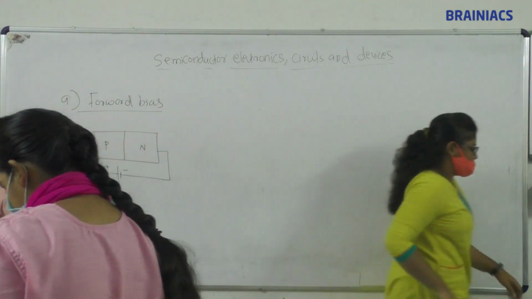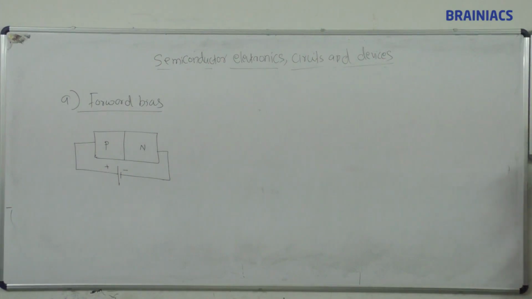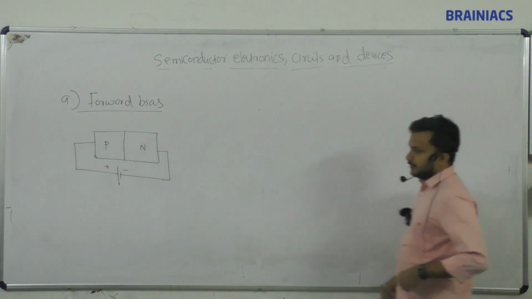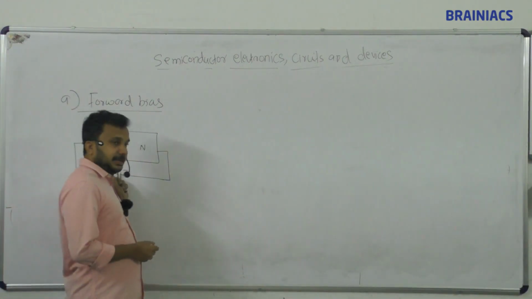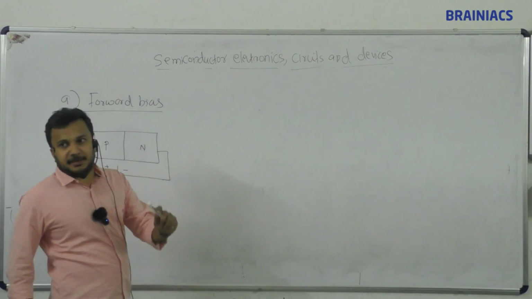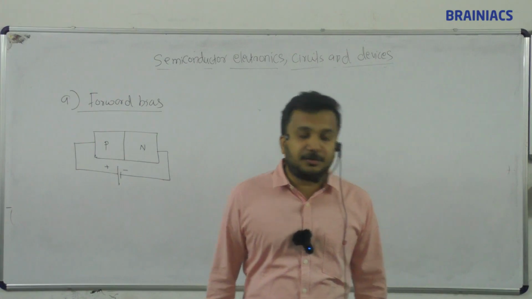Appa idhe mari connections irundha, we call it as forward biasing. Then below write: P type connected with the positive terminal, N type connected with the negative terminal of the battery. Then it is called forward bias.